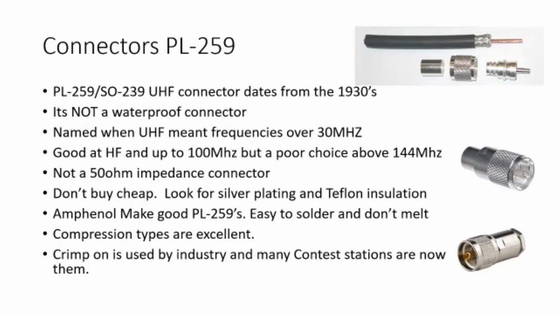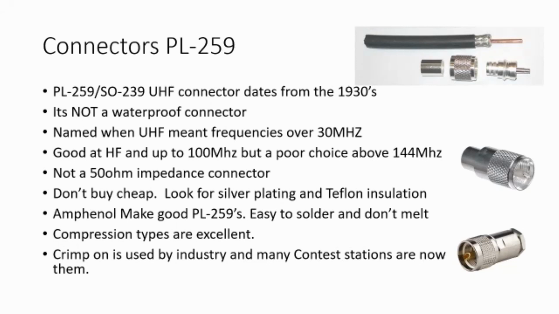It's not a 50 ohm impedance connector. Your cable is all 50 ohms impedance. Your radio is designed to have an impedance of 50 ohms. Your antenna is designed to have an impedance of 50 ohms. And a PL259 is not 50 ohms.